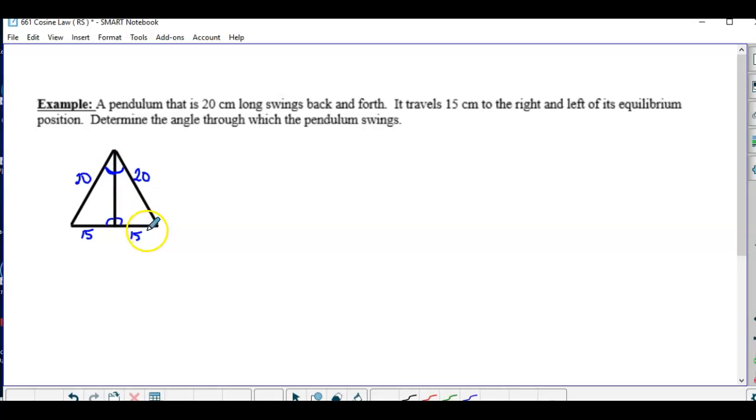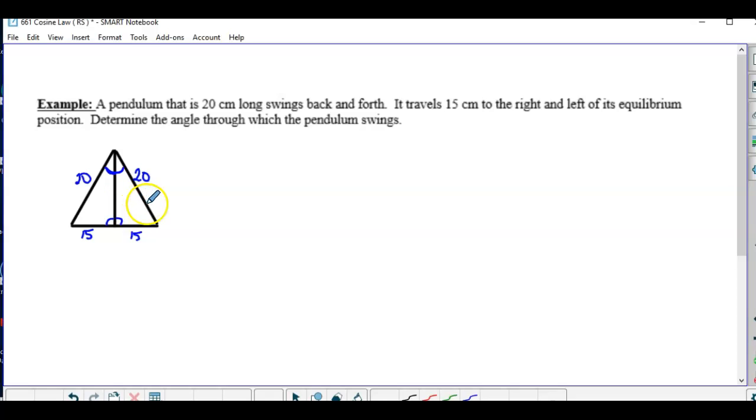Well, what's nice about this is that these are 2 equal triangles, right? Congruent triangles. So you could use your regular trig. So you have a choice, really.